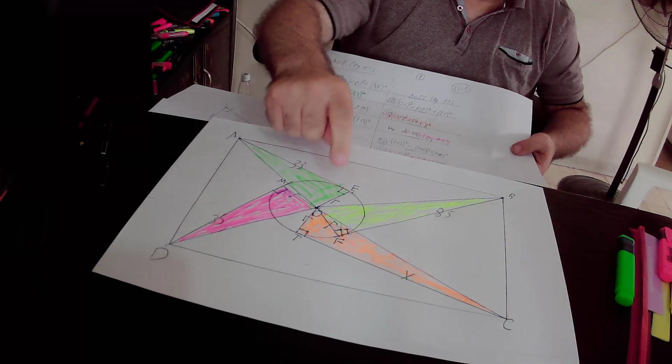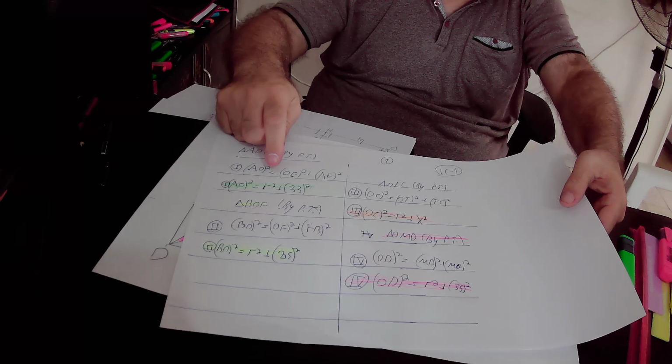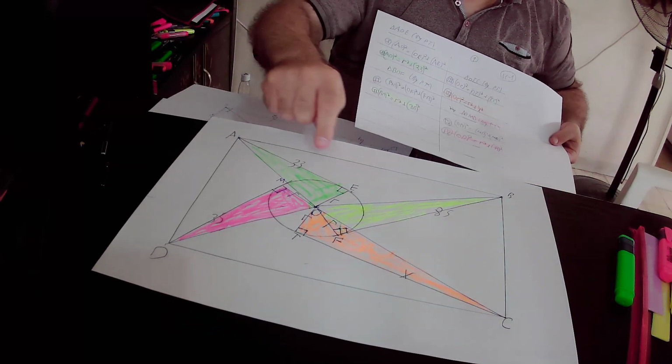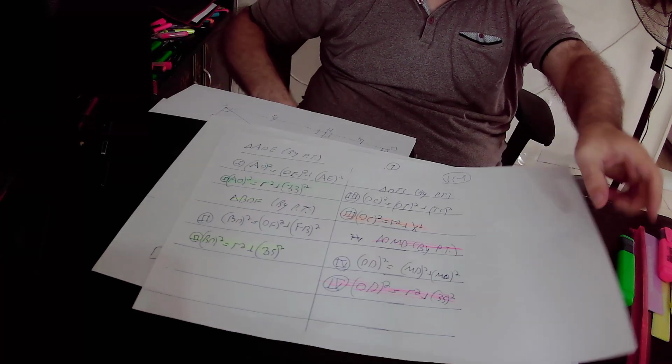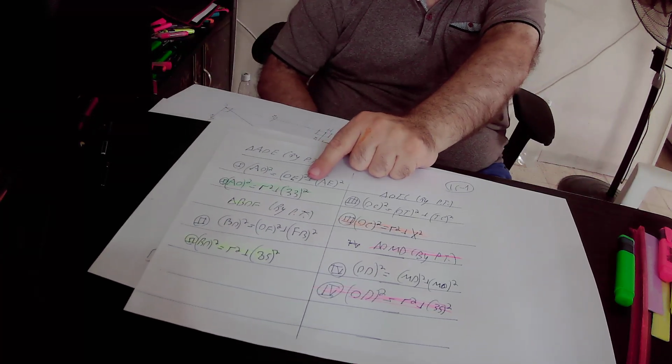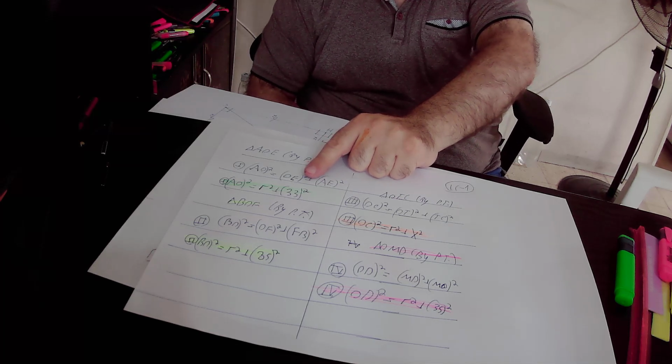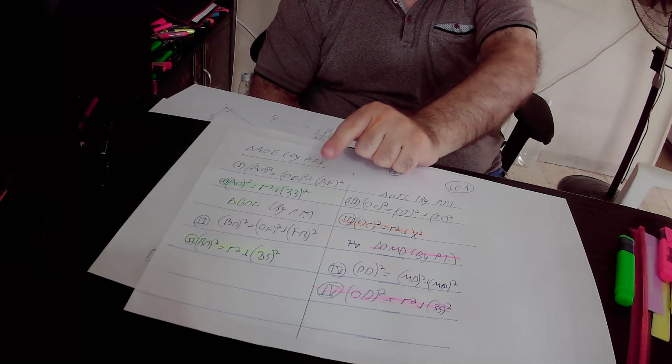OE is R, therefore OE square is R square. AE equals 33, therefore AE square equals 33 square. So in conclusion, according to equation number 1, AO square equals R square plus 33 square.